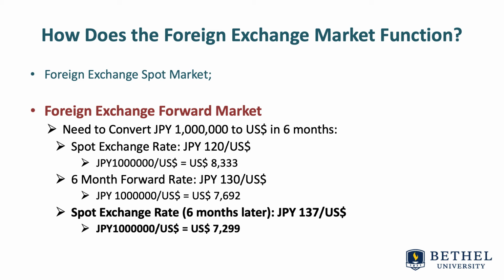However, a decision was made not to execute a 6-month forward exchange contract, and on that day, 6 months later, the Japanese yen of 1 million would be converted to US dollars at a spot rate of 137 Japanese yen to 1 US dollar. As a result, you would receive $7,299, or $393 less than the forward exchange rate contract.